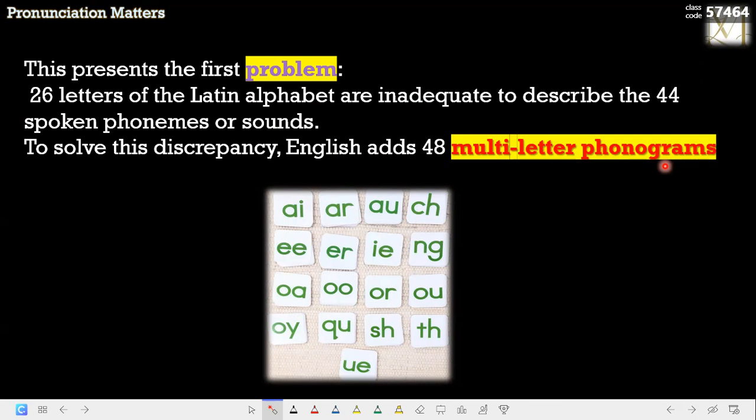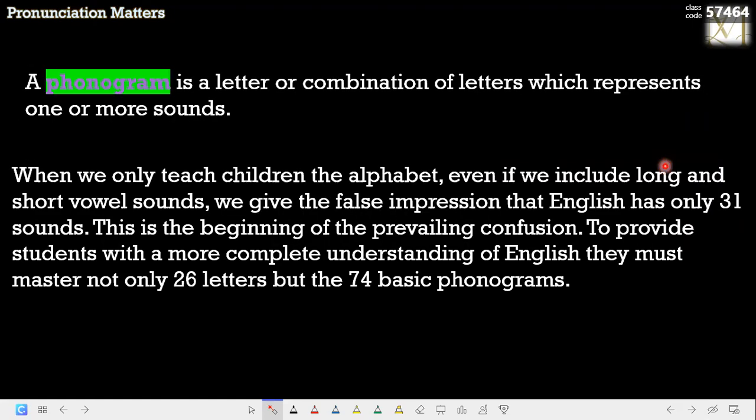So the number of sounds in English is greater than the number of letters. So we need to solve this discrepancy by using the phonogram, by giving the learners the full picture about English pronunciation. We need to give them more details about how the sounds are produced. What is a phonogram? A phonogram is a letter or a combination of letters which represents one or more sounds.